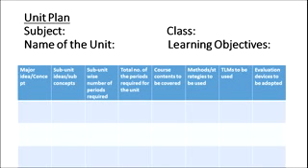Under the column of evaluation devices to be adopted, the teacher may make use of written tests like multiple choice tests, brief answers, long answers, whatever kind of tests she wishes to use would be noted down here. So this becomes a complete plan of action to transact one unit.